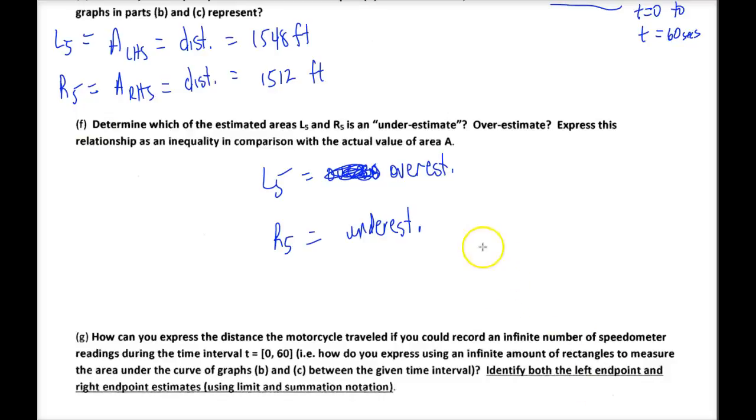And we know that if the actual area is going to be A, then the right-hand sum is going to be the underestimate, and the left-hand sum is going to be the overestimate. So it's going to be somewhere in between, of course, 1,512 and 1,548 feet.